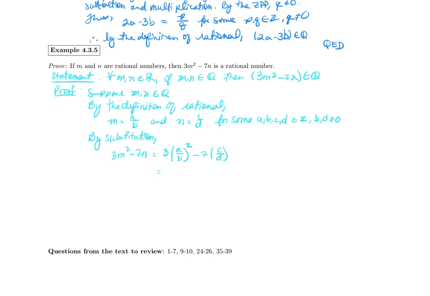So here we would end up with 3a squared over b squared minus 7c divided by d. So when we put it together with a common denominator, we end up with 3a squared d minus 7b squared c all over b squared d. And we will let p equal the numerator, remember the entire thing. So it's going to be 3a squared d minus 7b squared c. And we're going to let q equal b squared d.